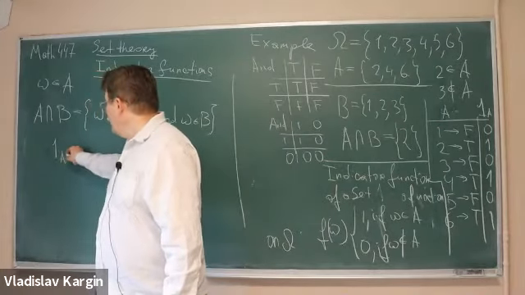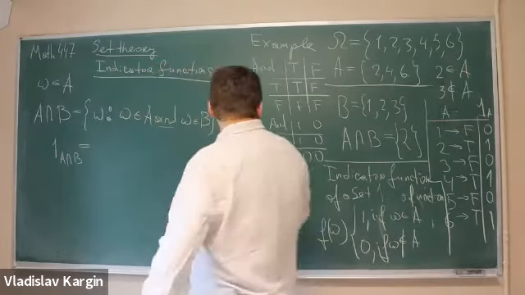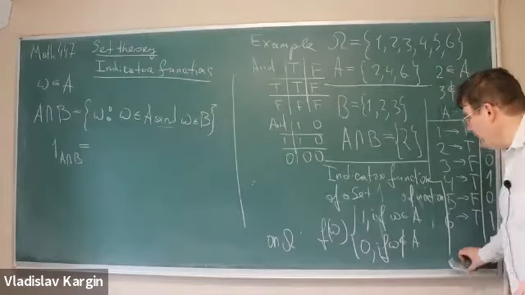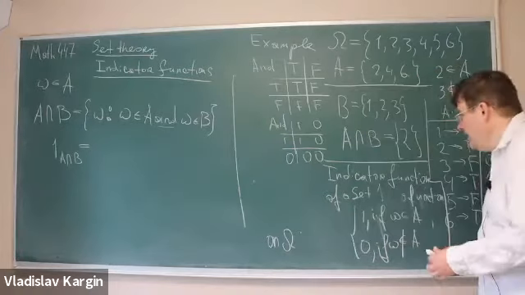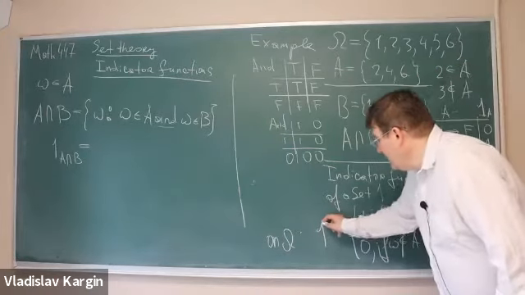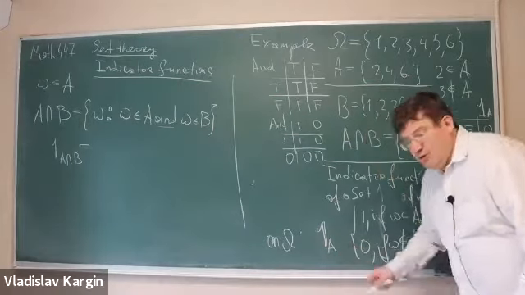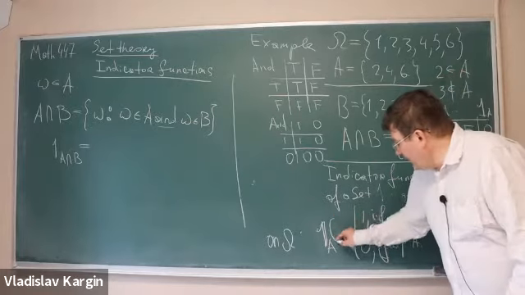So the indicator function of A intersect B is equal to, okay, this function f at omega, I wrote f of omega, apologies. It's usually denoted 1 or I with a subscript, so we understand what we are talking about, and omega here.